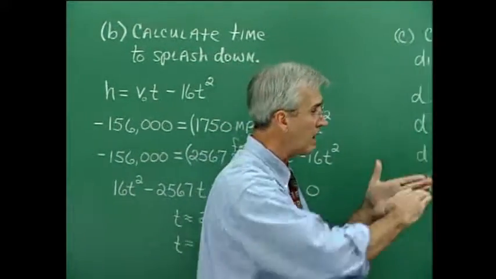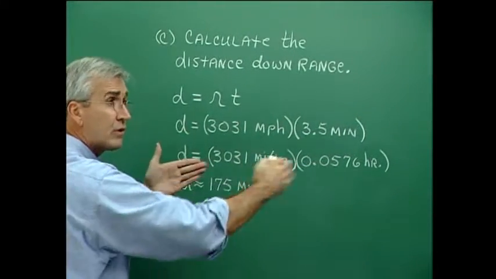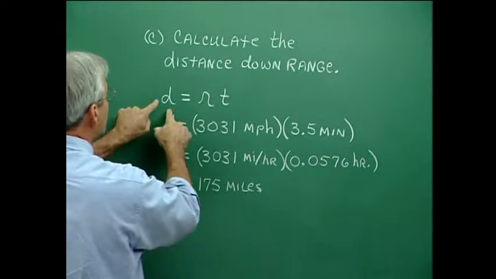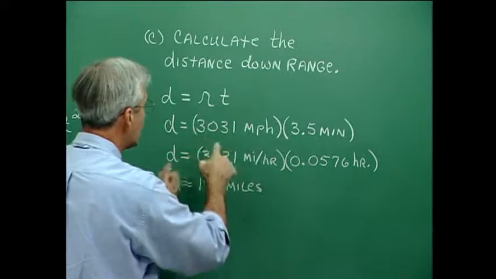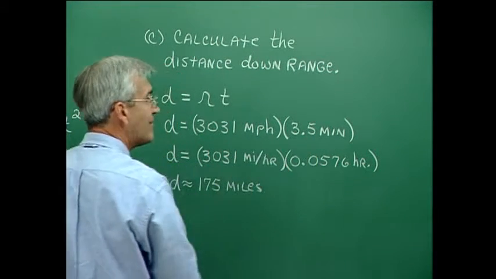It turns out that horizontal speed is the same throughout this period of time, throughout this 3.5 minutes. So we can just use our distance formula. Distance is rate times time. Now the rate horizontally is 3,031 miles per hour, and the time is 3.5 minutes.